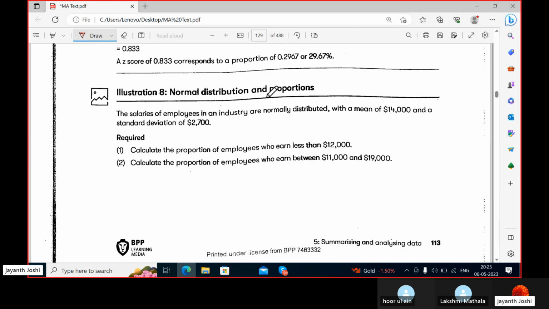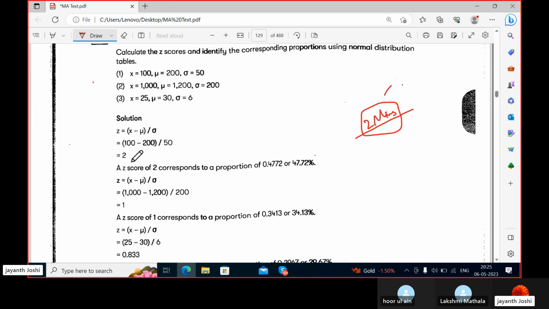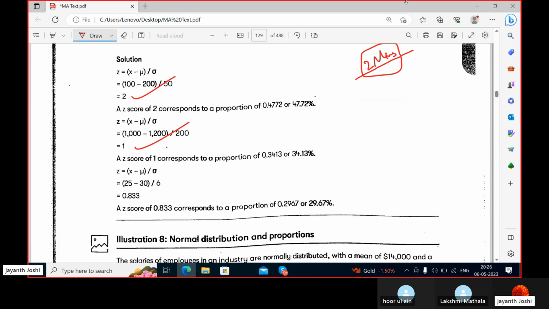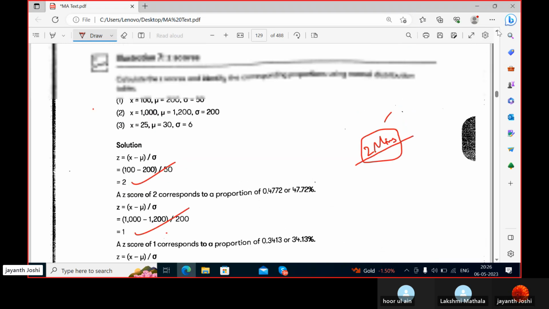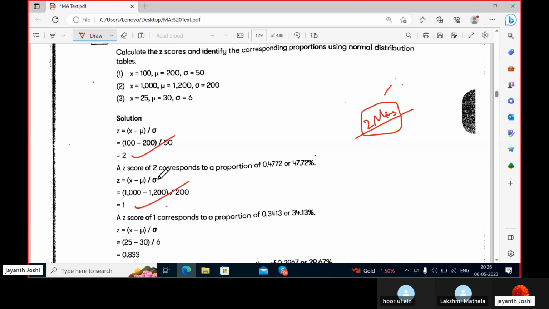So normal distribution and proportions. Here the z-score is 2, the z-score is 1. When you found the z-scores, a z-score of 2 corresponds to a proportion of 47.72%.